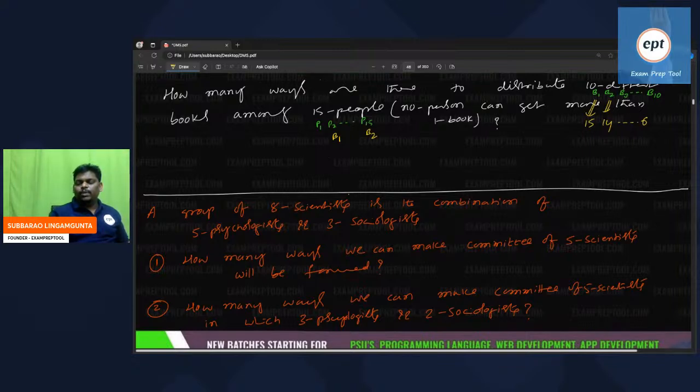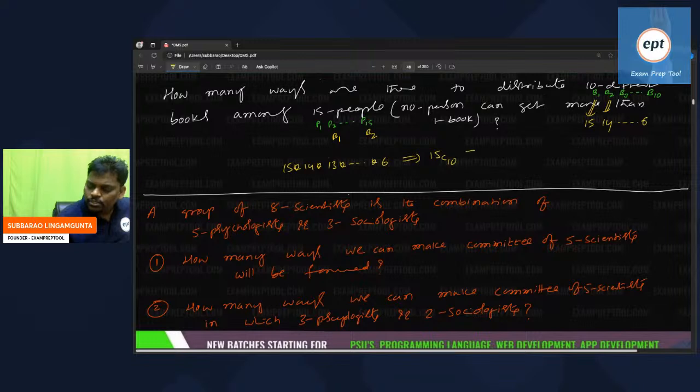Check properly. So I think the answer is going to be the same story. The answer is going to be 15 into 14 into 13 and so on down to 6. This is also called 15C10, which is equal to 15P10 because order is important. Let us assume that it is B3.